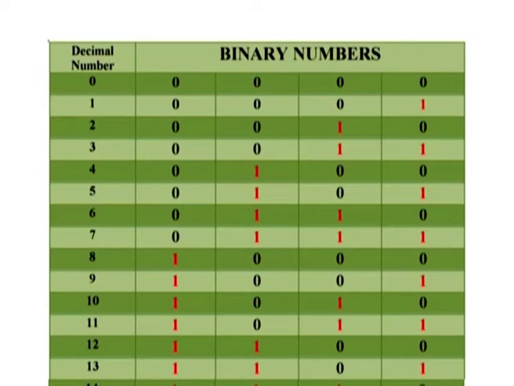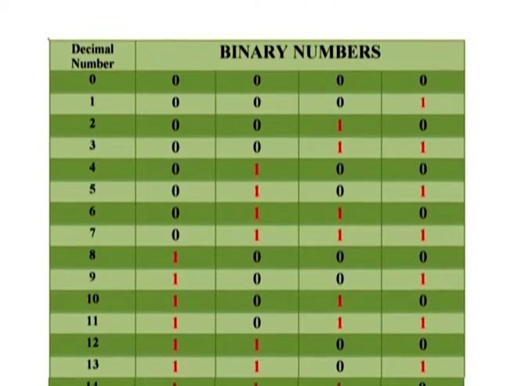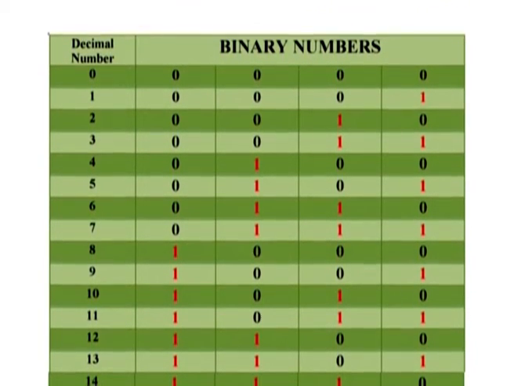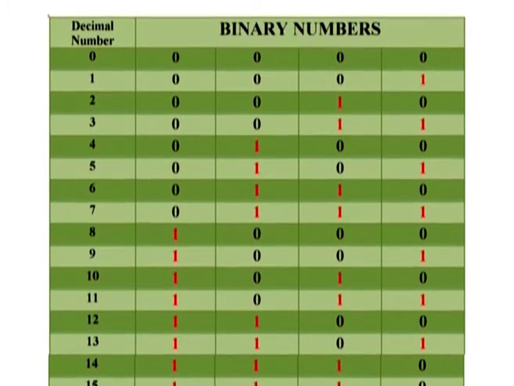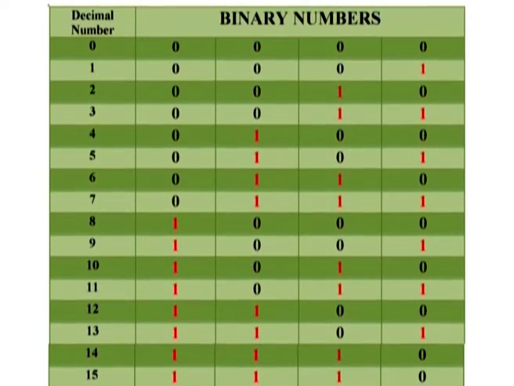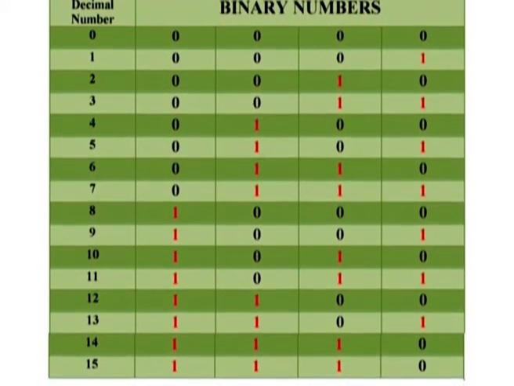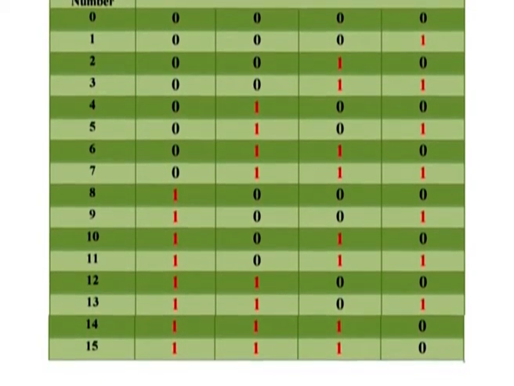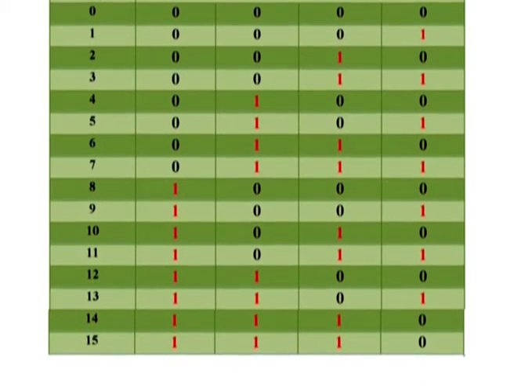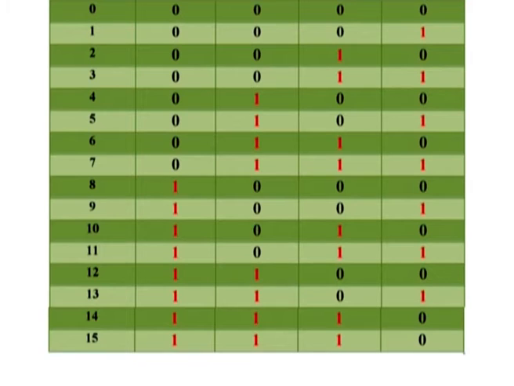A binary count of 0 through 15 is shown in this table. Notice the patterns with which the ones and zeros alternate in each column.